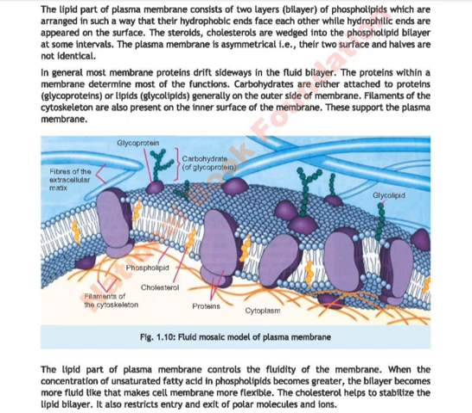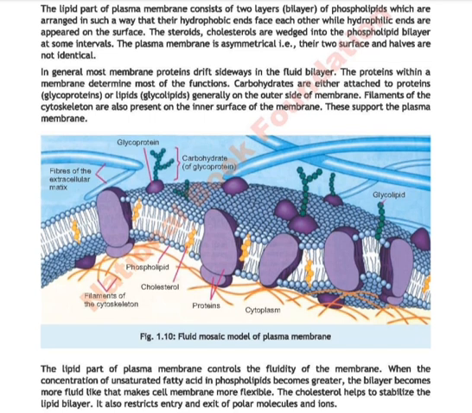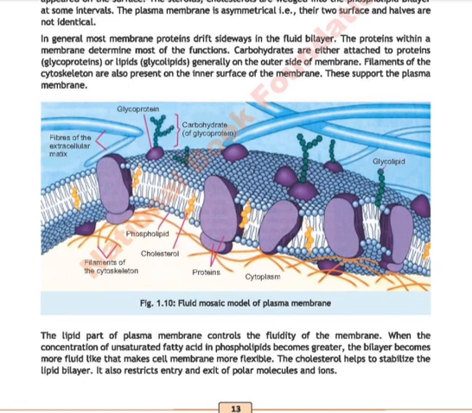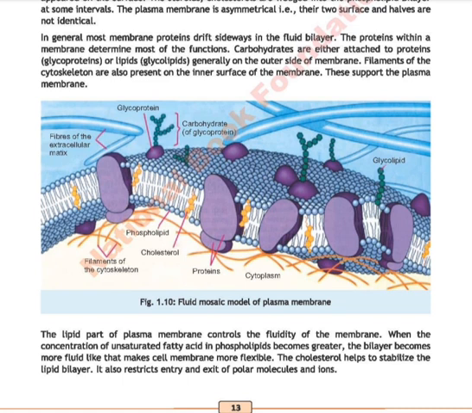The steroid cholesterol is wedged into the phospholipid bilayer at some intervals. The plasma membrane is asymmetrical as its two surfaces and halves are not identical.